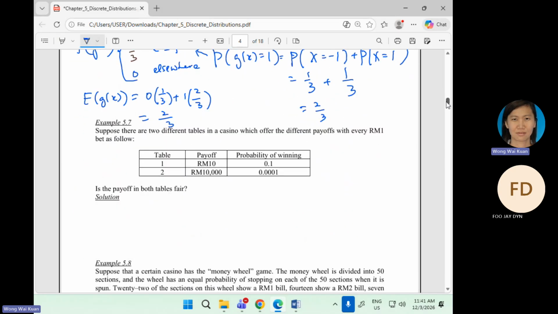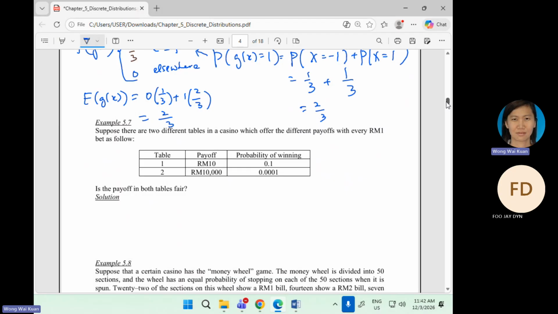So now there are two different tables in a casino which offer different payoffs on every $1 bet. So table 1 is payoff. Payoff is the thing that you get regardless of how much you pay at the beginning. So expected value of payoff is the average amount you expect to receive when you win, without the initial pay or cost.